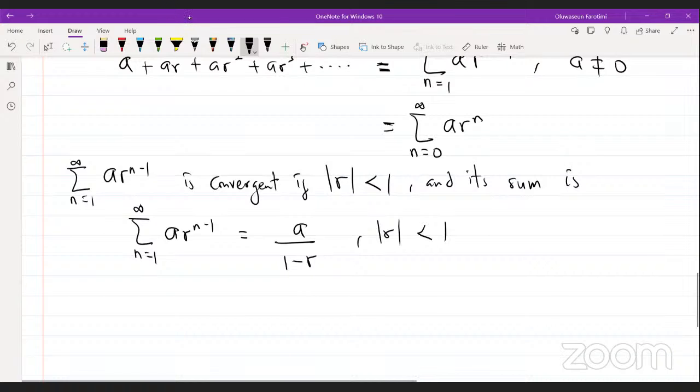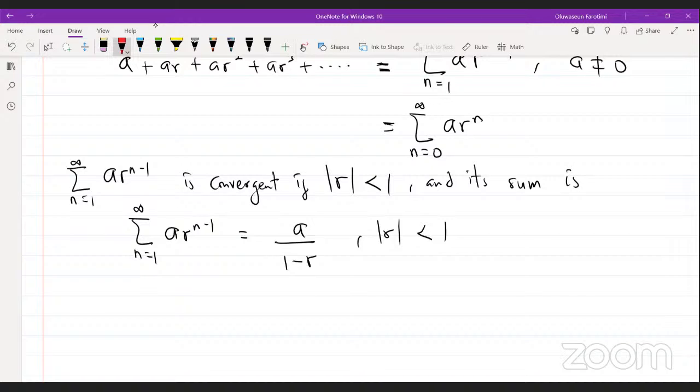So what does this mean? It means that a geometric series converges if the absolute value of the common ratio is less than 1. You have to be familiar with a couple of things in chapter 11.